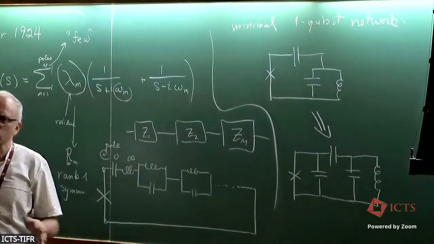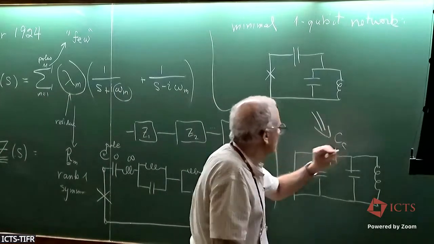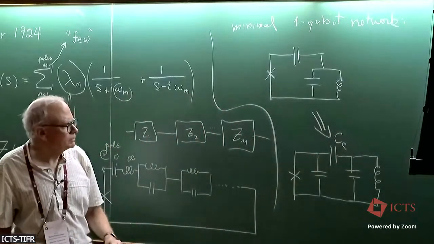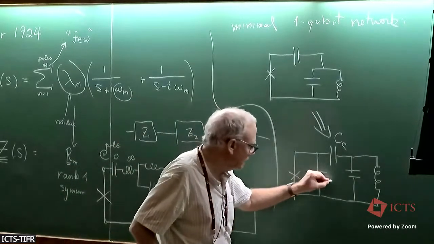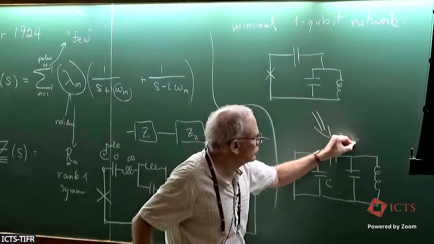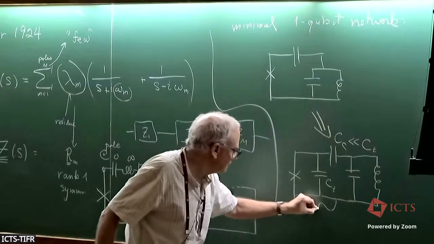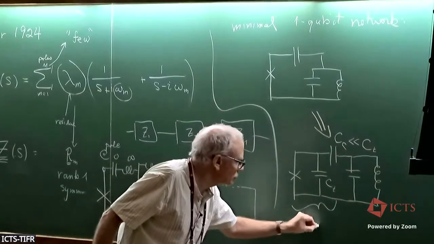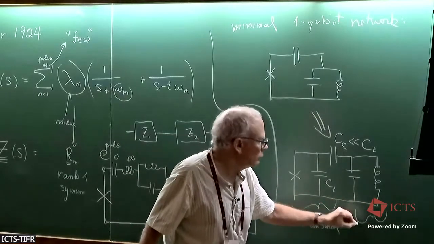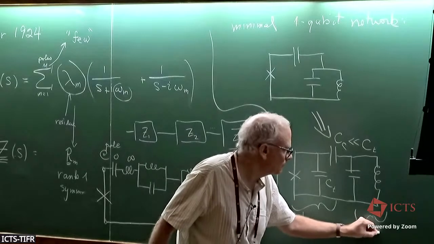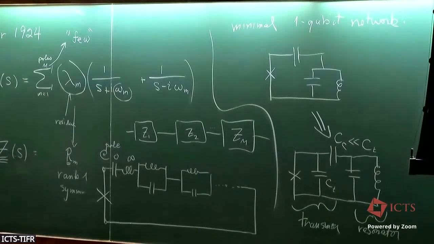Well, then it becomes more an issue of the physics that in this representation, this middle capacitor, because of the physics of the devices you're making, is much smaller than this capacitance, which you would call, say, the transmon part of the device. And then this is a resonator used for various purposes like the ones we saw yesterday.